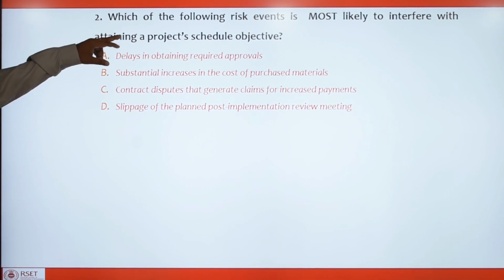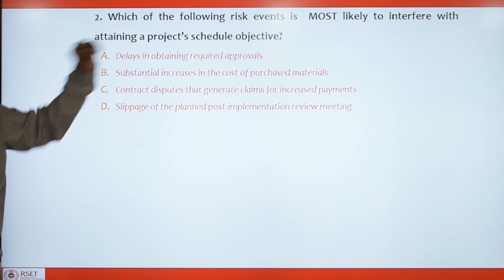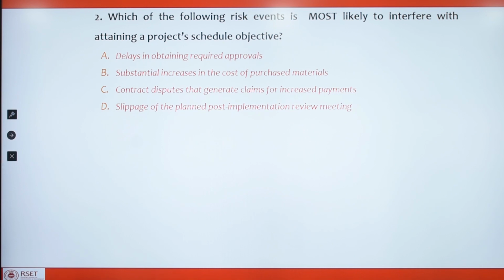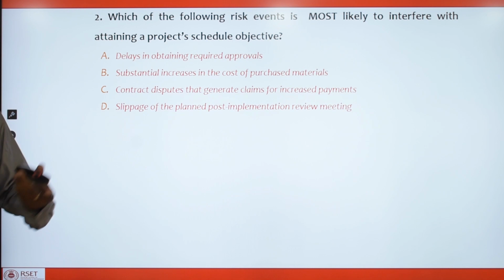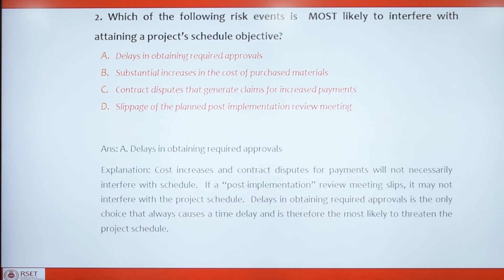Option A, delays in obtaining required approvals. So if you are dependent on a third party to get an approval to start some work, if there is a delay in getting that approval, your work will also get slipped. So that will impact the schedule of your project. So the right answer for this question is option A. All the other options are not at all relevant with respect to the schedule objective.